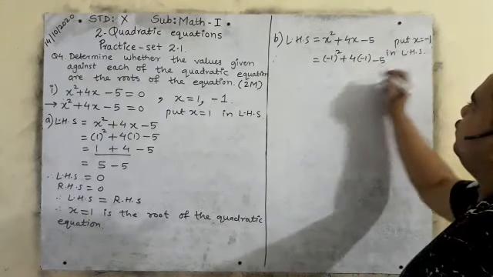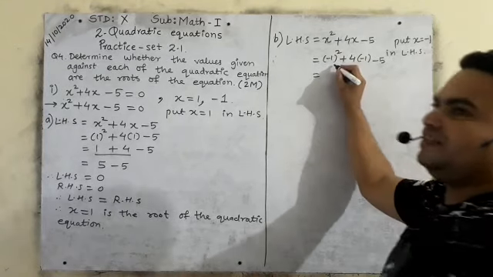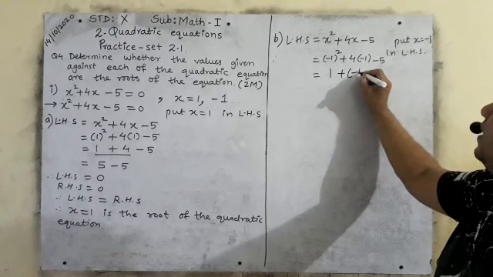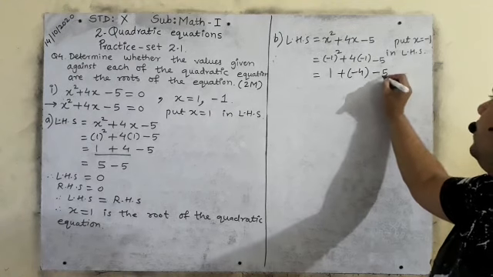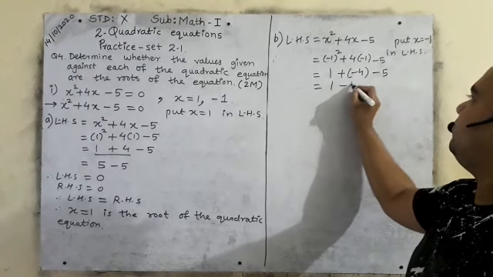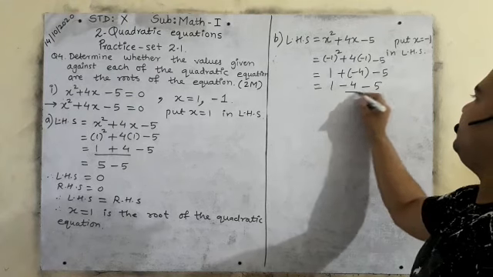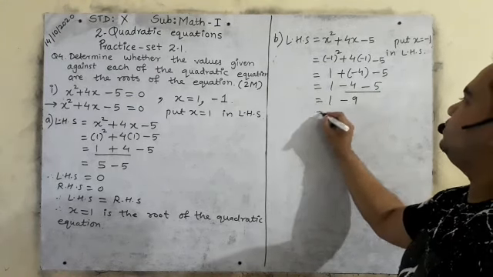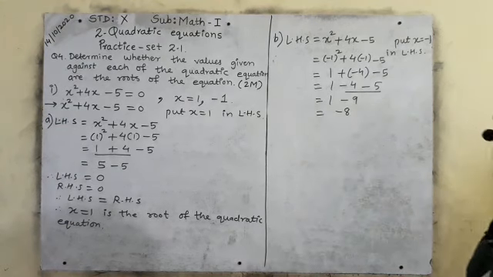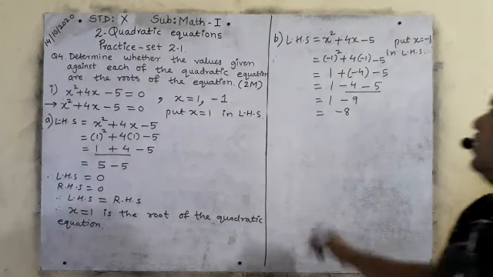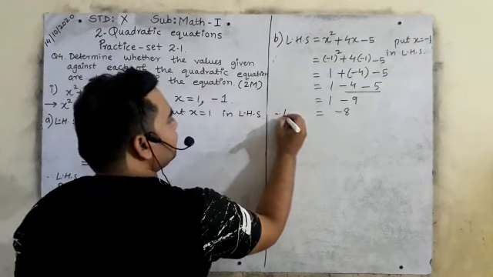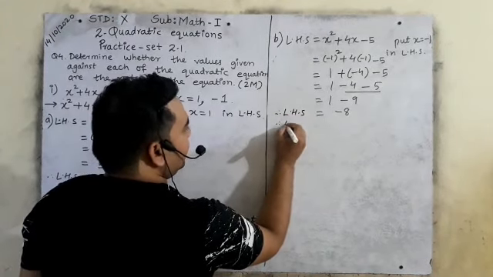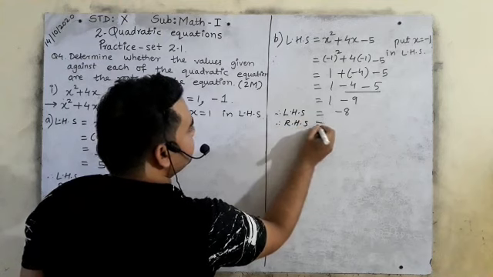Now you have to solve this. Square of any negative number is positive, so (-1) square is 1. 4 ones are 4, it is -4, and then minus 5. So it will be 1 - 4 - 5. Now these two terms are like terms. So 1 minus 9, the answer is -8. Is it clear? So LHS is equal to -8 and RHS is equal to 0.